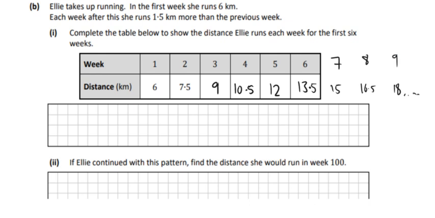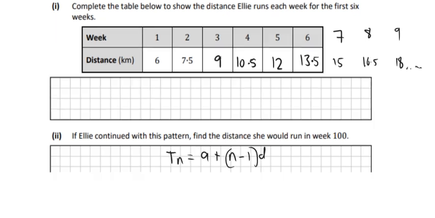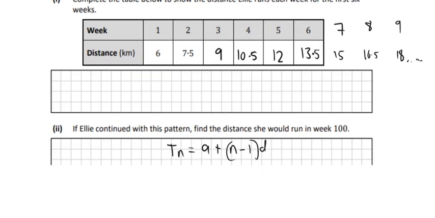We could keep going on until we get to what the 100th is. Or we could work it out with the nth term. So T n here would be, so we're using the formula a plus n minus 1 d. And we want for the 100th term, so we're getting T100.